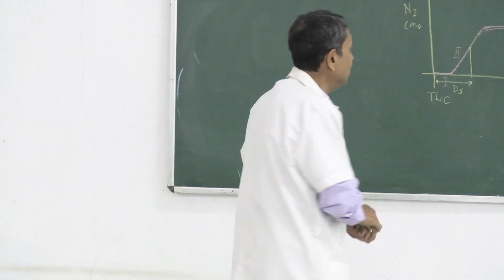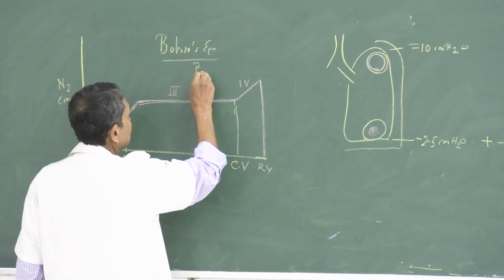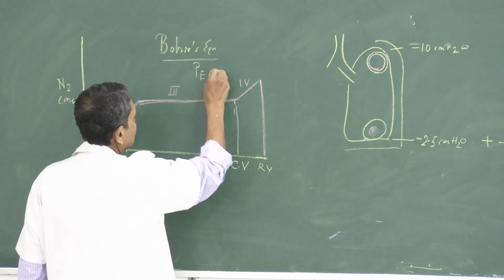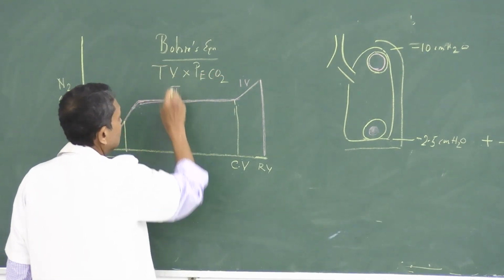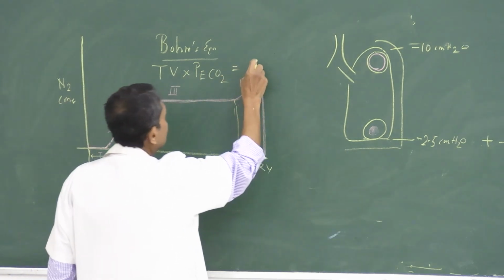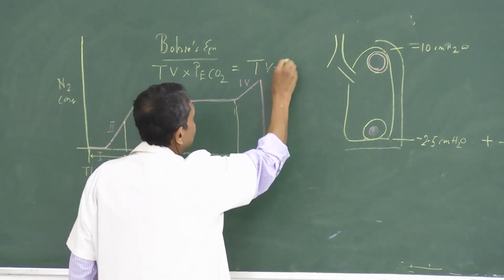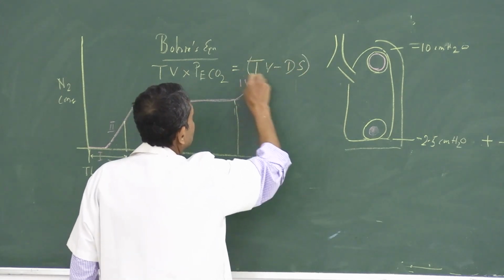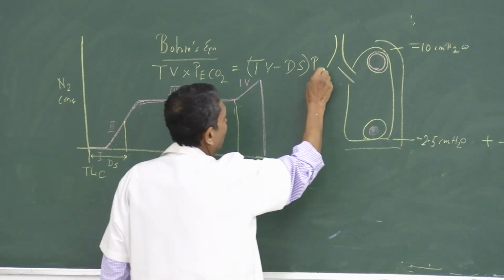The partial pressure of carbon dioxide into tidal volume is equal to that of the alveolar air, tidal volume minus dead space, into P capital A or small a.